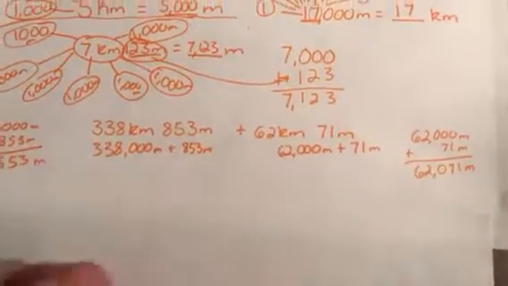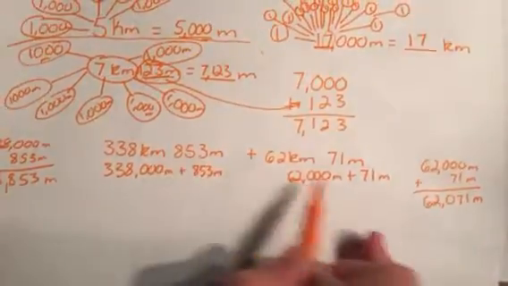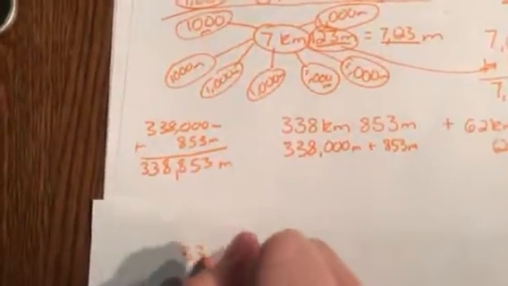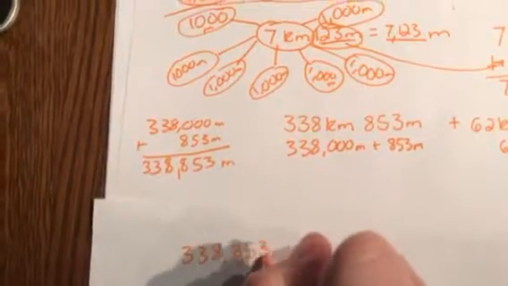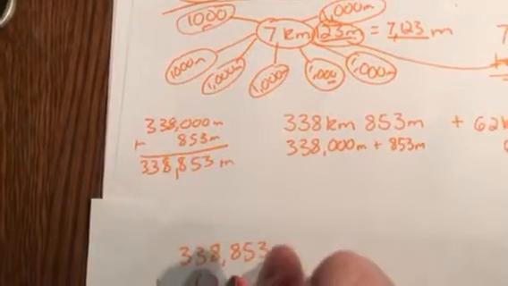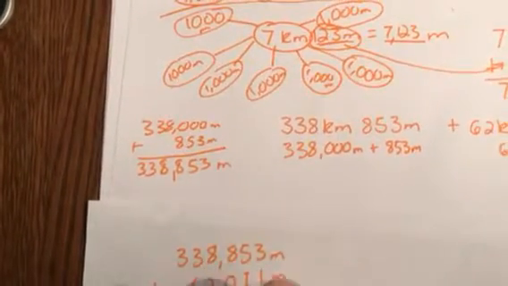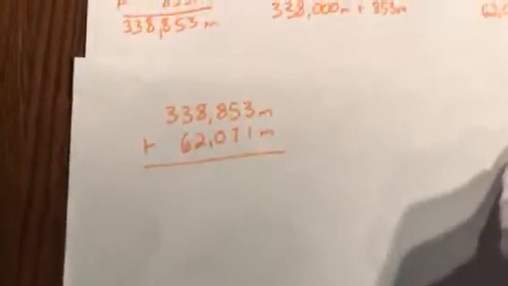So don't forget that this is what we're doing to show our work. Now we still haven't added the two together. So we're going to come down here and we're going to add 338,853 meters plus 62,071 meters.